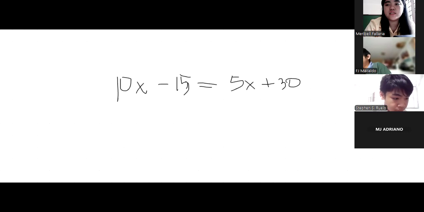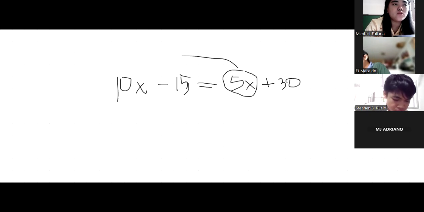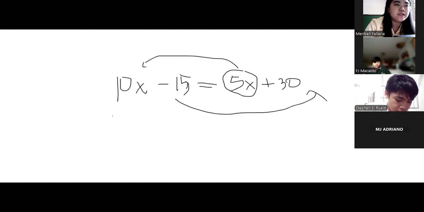Okay, so now are you done? Let's answer na. First step is we're going to transfer. Let's transfer this number to the other side, and then negative 15 to the other side. Positive 5x will become negative 5x, since we change the sign when we transfer it.